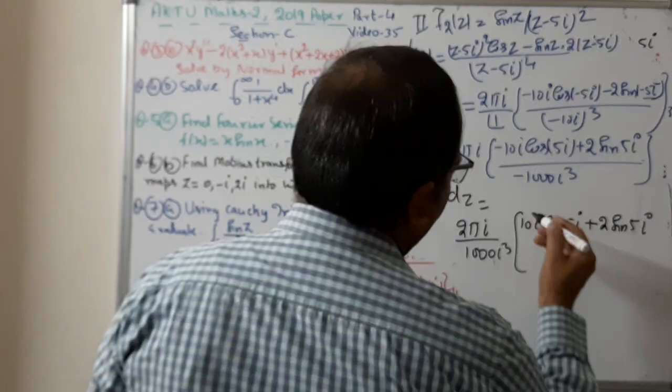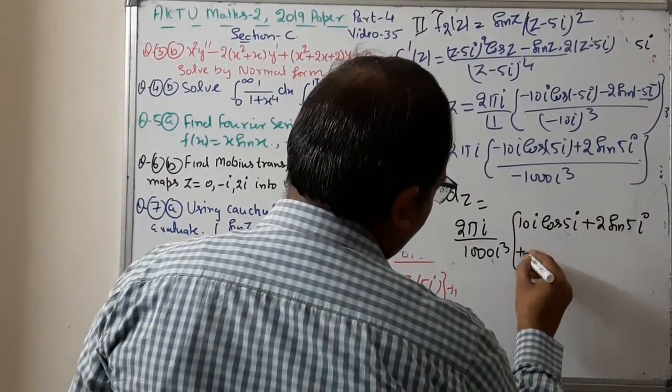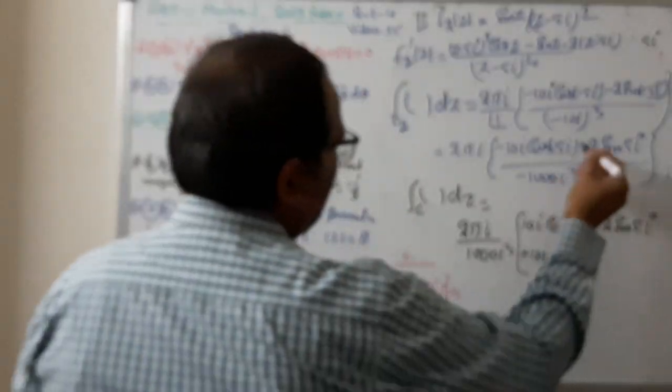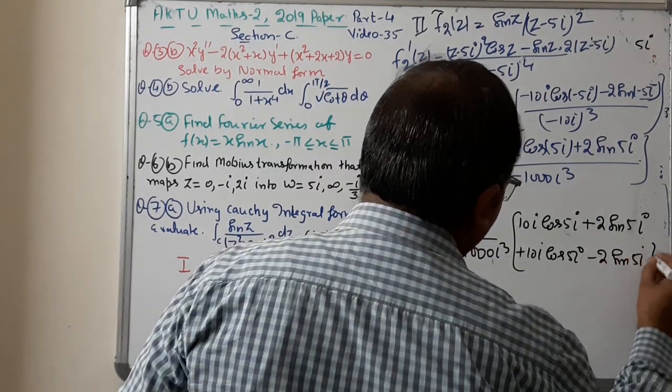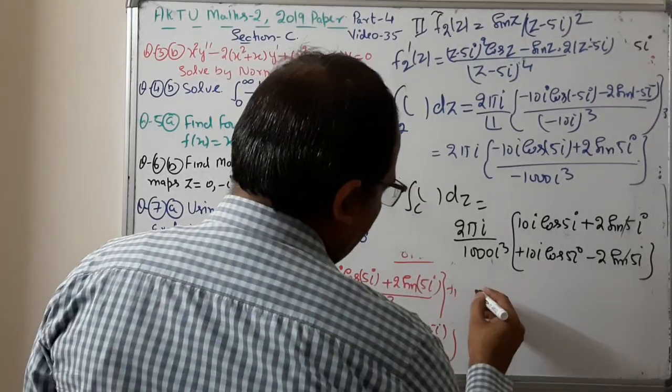And from the second one, this minus sign goes in the denominator, that means plus 10i cos 5i, and minus 2 times sin of 5i. We get this one. This cancels out, right?